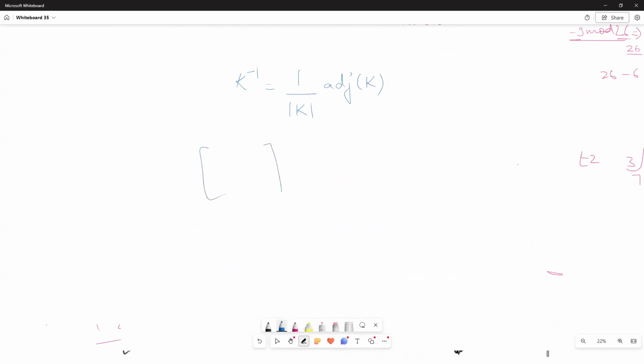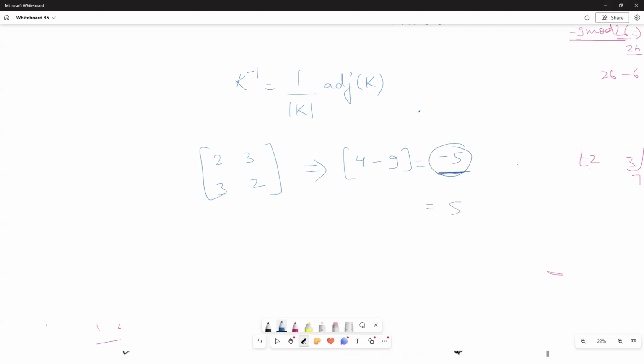For instance, if you have a matrix like this, 2, 2, and 3, 3, can anyone tell me what the determinant value of this would be? Yeah, 4 minus 9, which is negative 5. It should be negative 5.